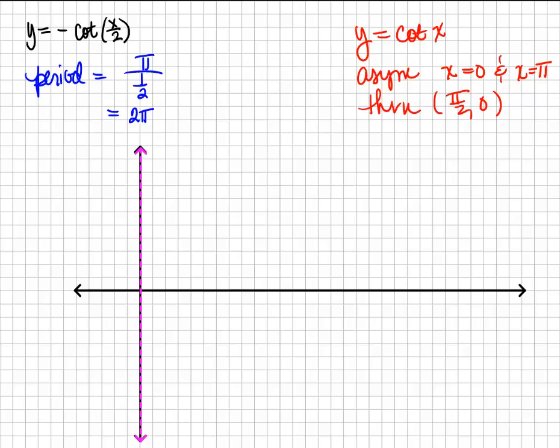X equals 0 is still going to be an asymptote. And then when I go 1, 2, 3, 4, I'll do 5 again just so it's the same scale as what I had before. I'm going to get a 0, and then 5 units later, I'm going to get another asymptote. So something like that right there.